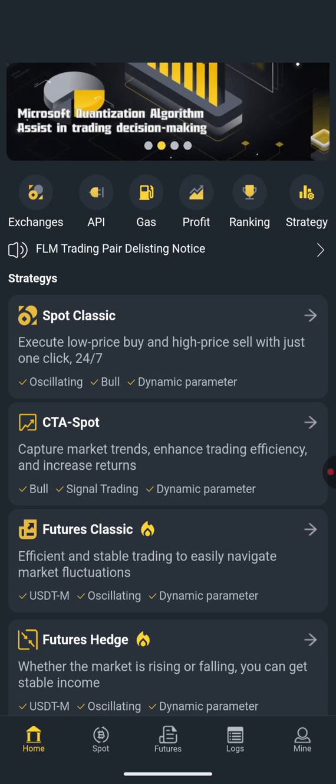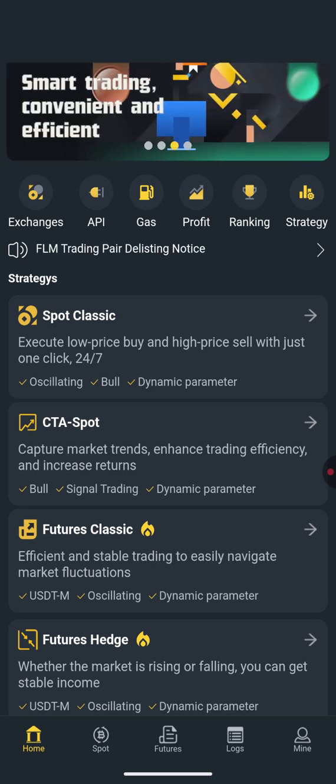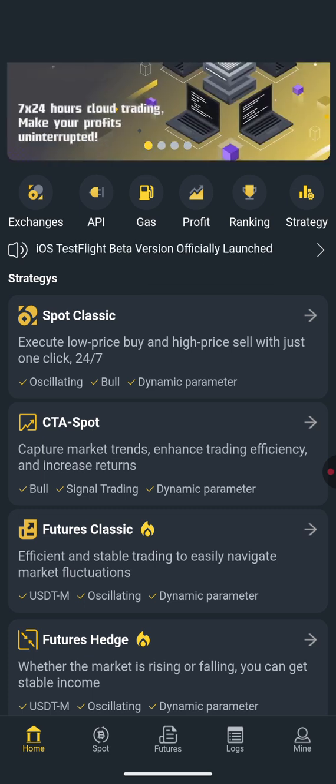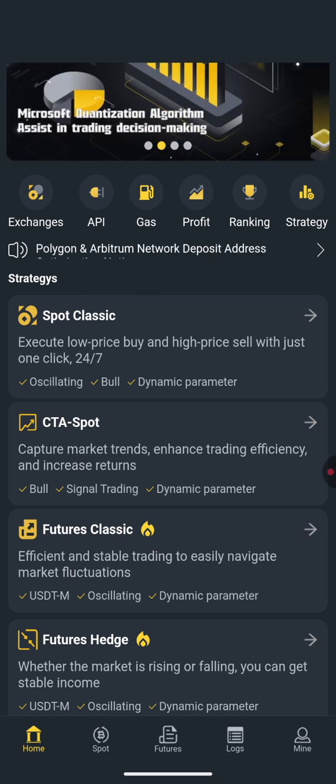But the wonderful thing about it is that it's decentralized and non-custodial, because your capital and profits are always in your exchange, and exchanges are banks for cryptocurrency.